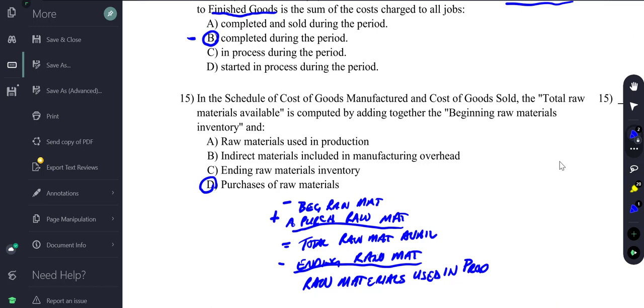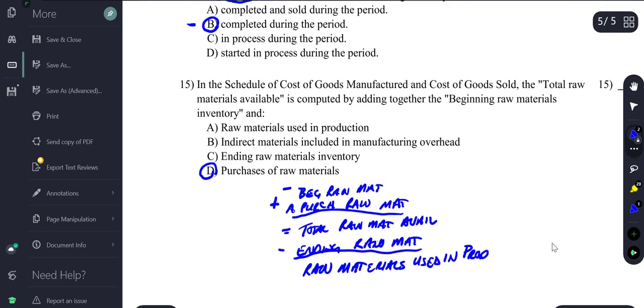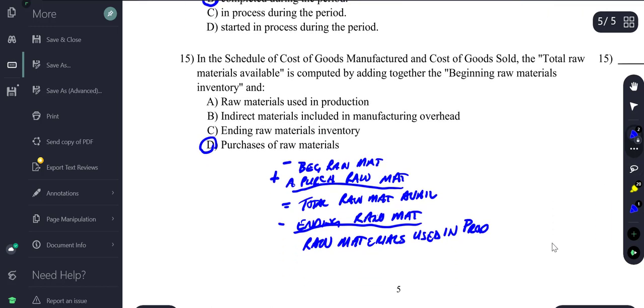So that's the answer. Now these are 15 questions, so obviously the actual test will have a few more multiple choice questions on it, but I present these to you as good examples of types of questions you can expect to see.